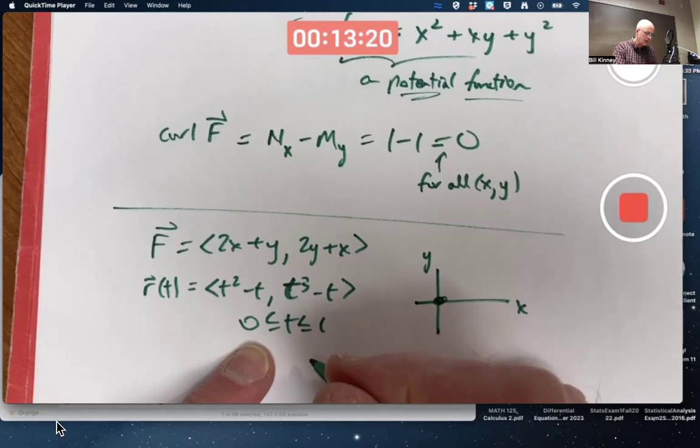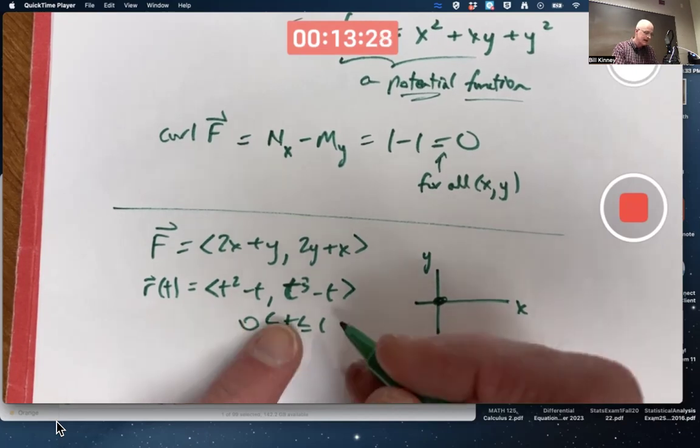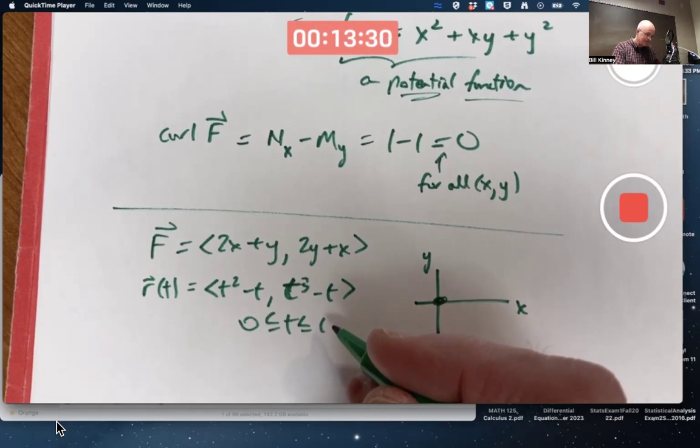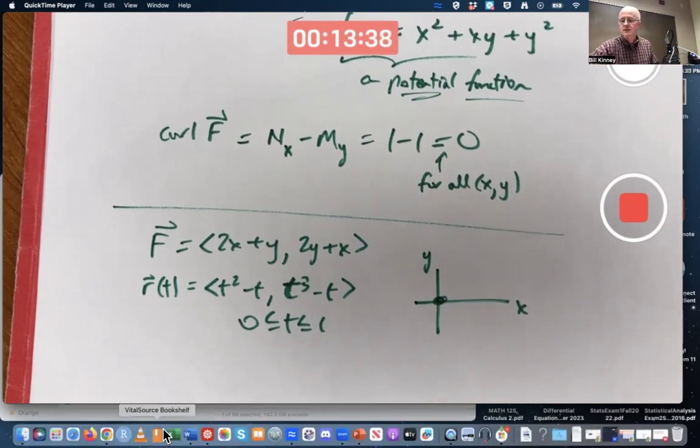When t is between 0 and 1, for example, at 0.5, 0.5 squared minus 0.5 is negative. X is negative, and y is also negative, it looks like. Actually, I better use technology just to make sure of this.